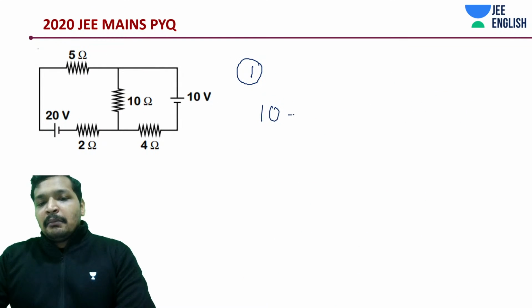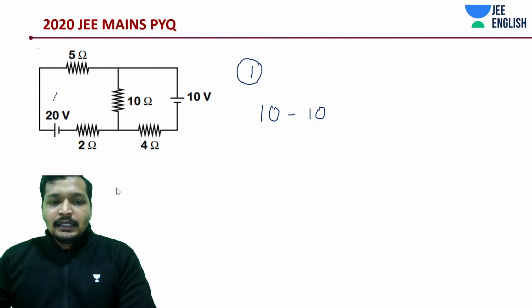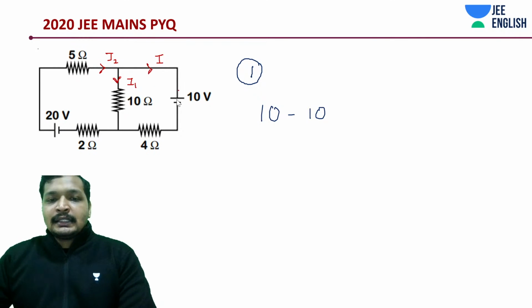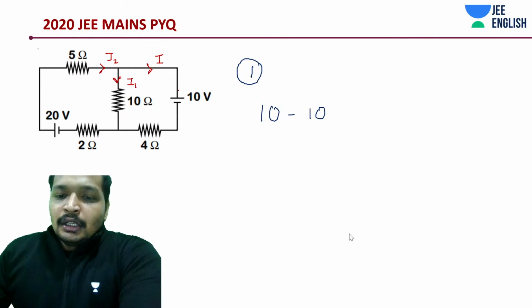Basically 10 minus of 10. Okay, let me indicate this thing for you quickly. This was I2, this was I1, and I is the unknown. You can take it as X if you're more comfortable. What would we have?